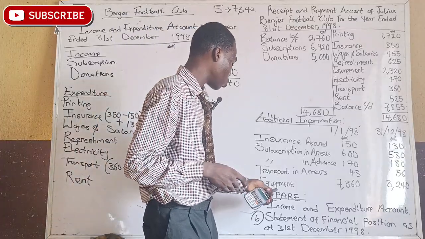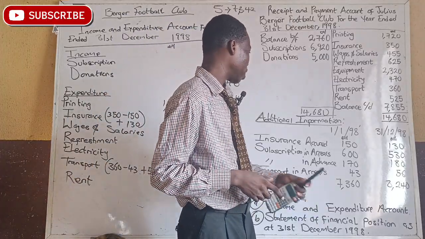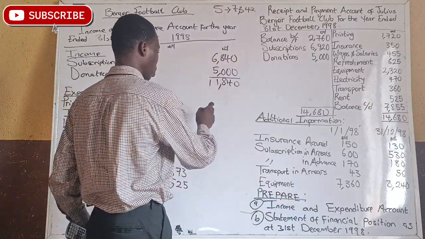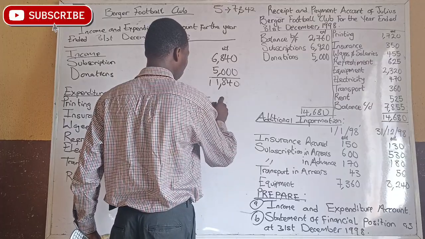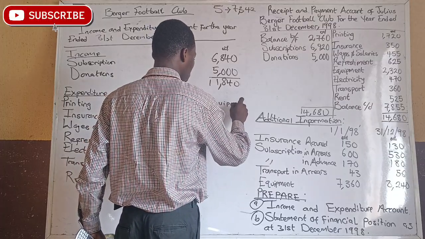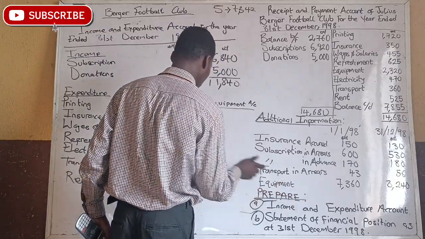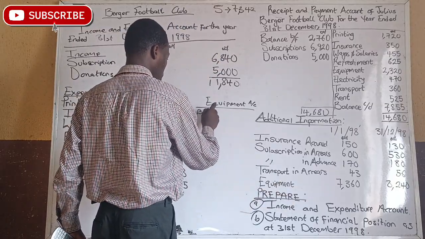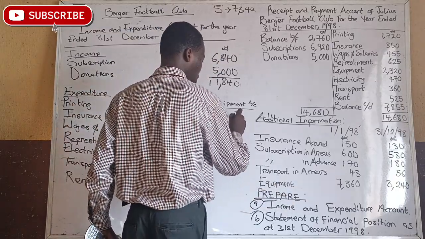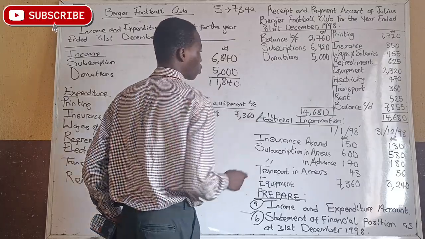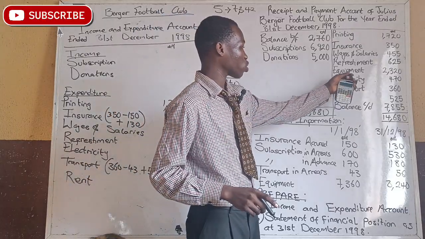Now, if we look at this, we have equipment at the beginning. So let's compute this now. For instance, this is your equipment account. We have equipment at the beginning, which is 7,360. During the year also, we bought some equipment.